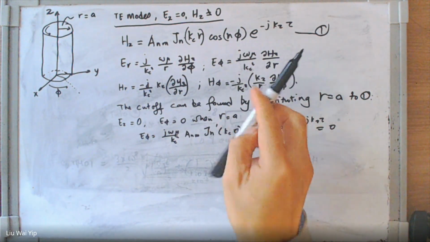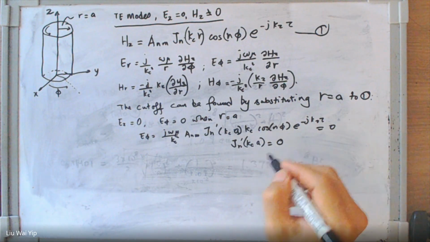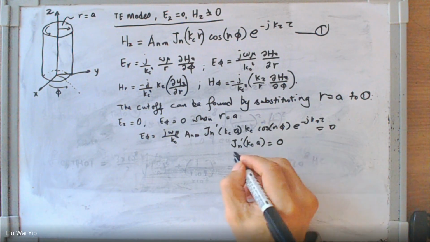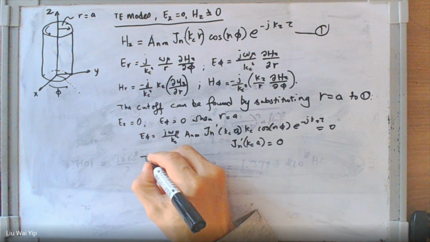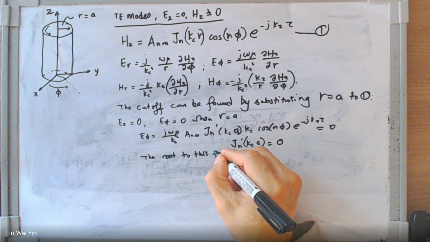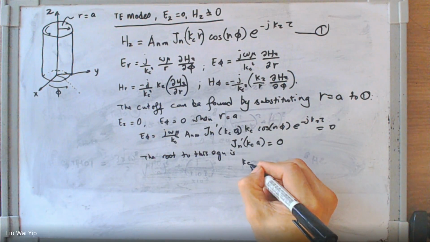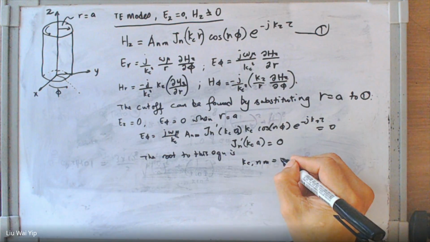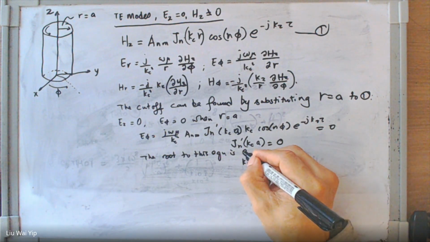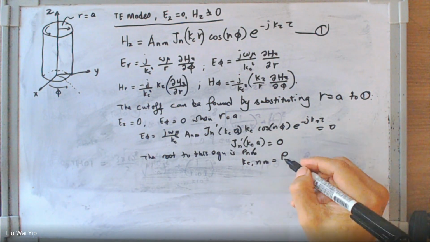So from here, you can calculate the root. You can use the lookup table to find the root of this equation. So the root to this equation is kc nm, and then p'nm, and we put the prime here to represent its derivative.